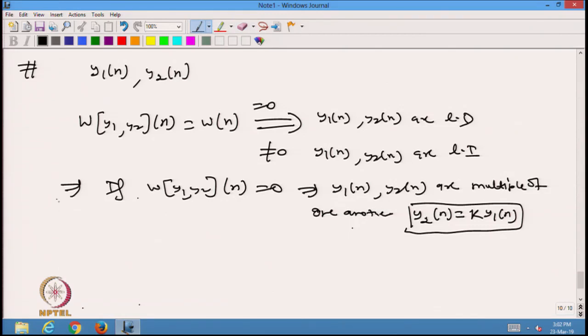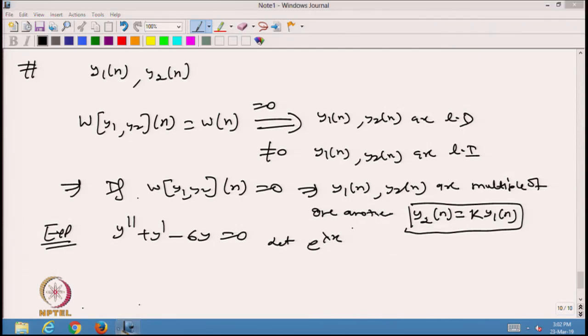So, let us take one example. I want to solve this differential equation: y double dash plus y dash minus 6y equal to 0. In this case I let e raised to power lambda x be the solution, and substituting this, it will give lambda square.